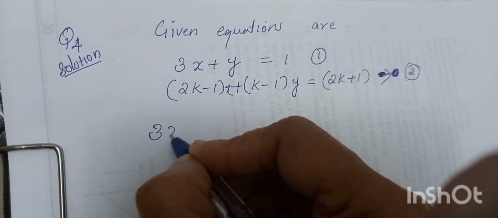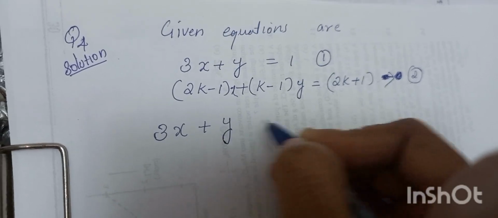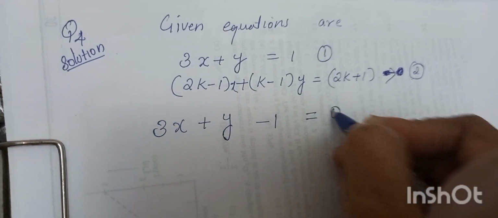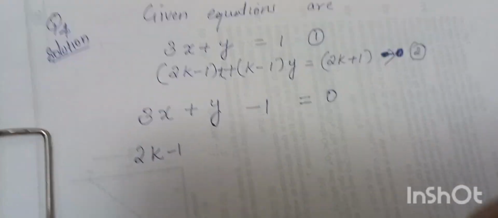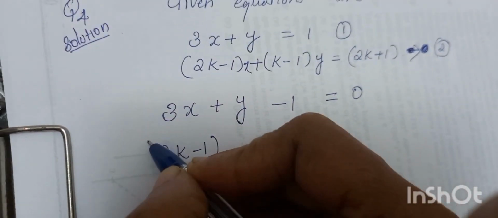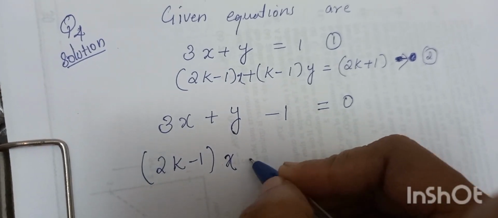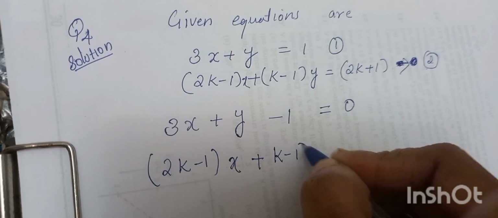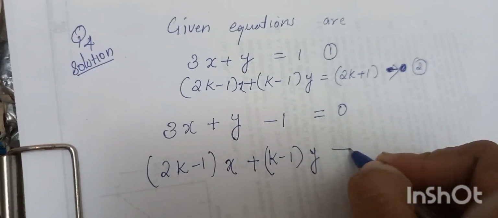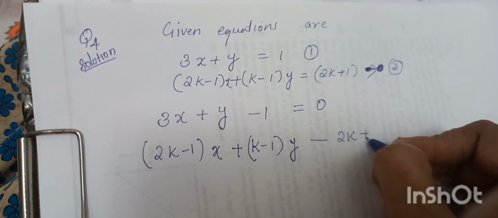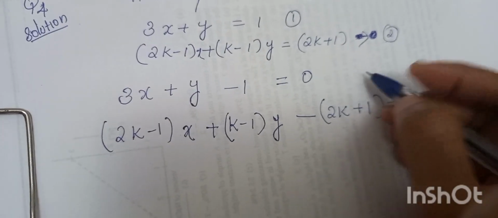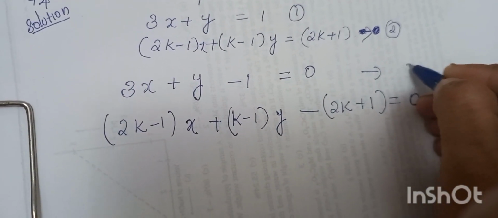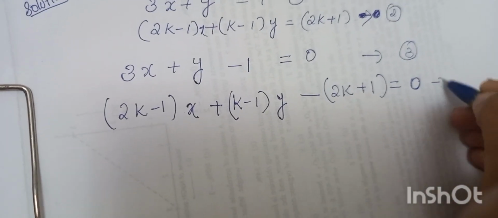So we get like this: 3x plus y minus 1 is equal to 0, and (2k minus 1)x plus (k minus 1)y minus (2k plus 1) is equal to 0. Then next, the given equations.